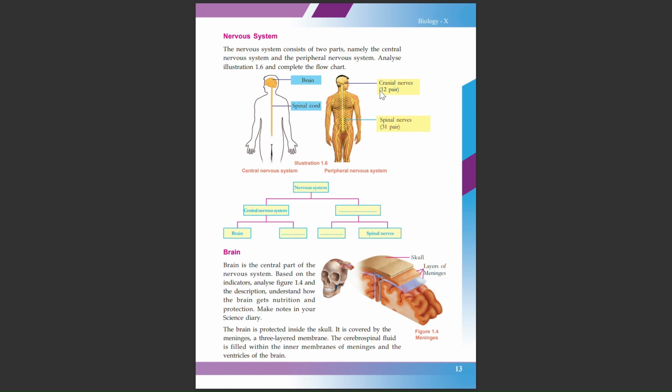Cranial means from the brain, and spinal nerves are 31 pairs. When you're doing medicine, MBBS or BDS or any other medical courses, you have to know about the cranial nerves. There are 12 pairs, and yes, we are studying it.